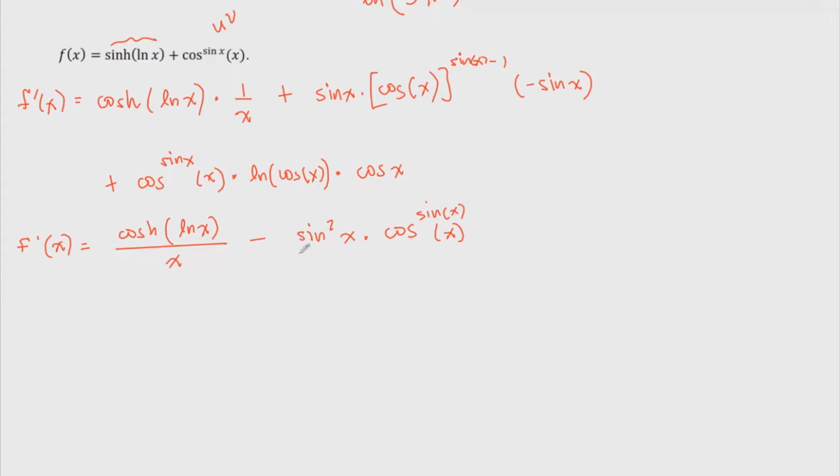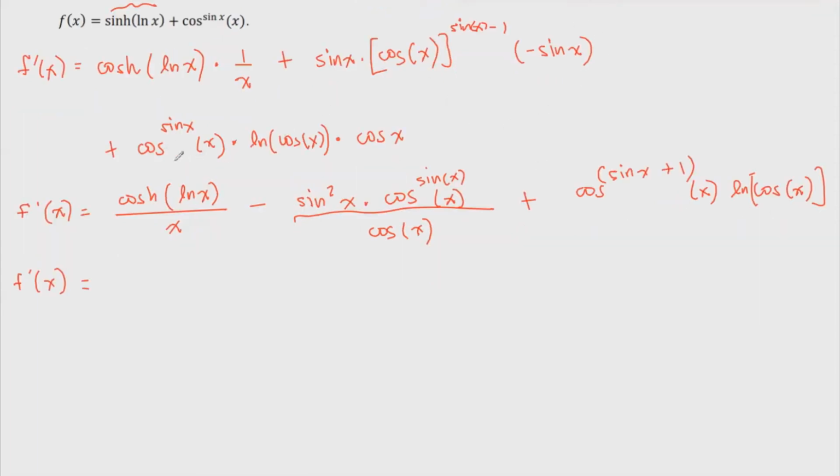And now I'll be writing this at the denominator so that it looks pleasant, because it's kind of crowding here at the top. So plus, we can have cosine raised to sine x plus 1 of x, and then ln of cosine of x.